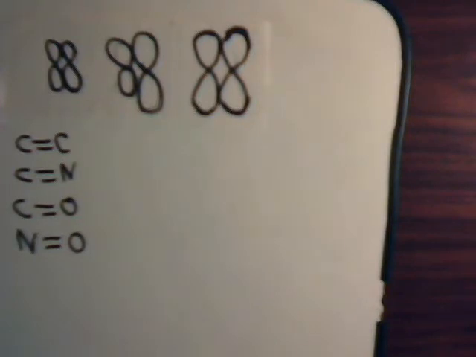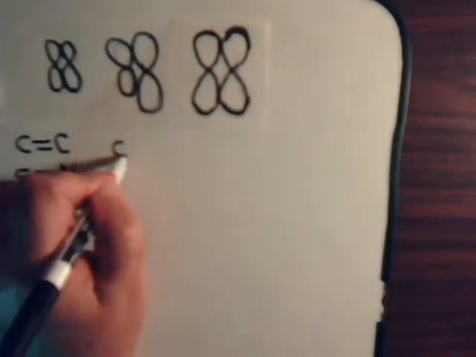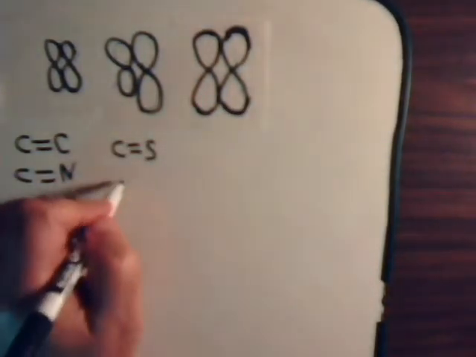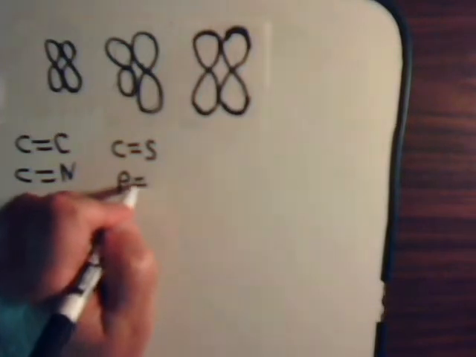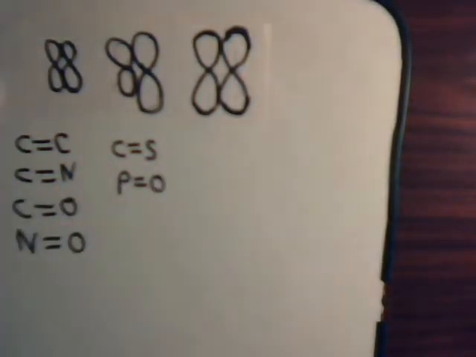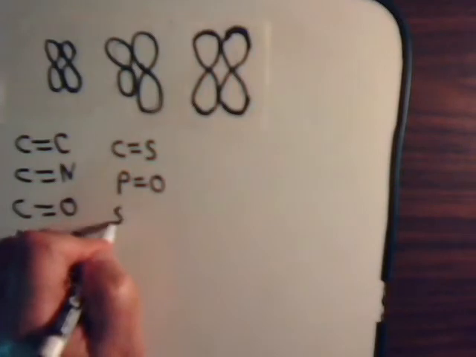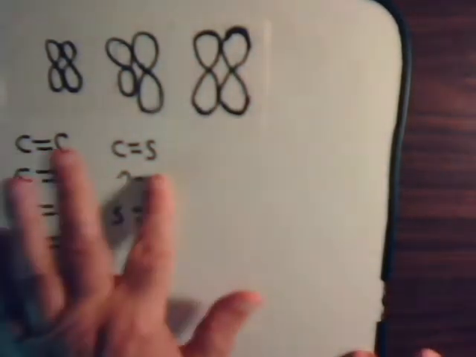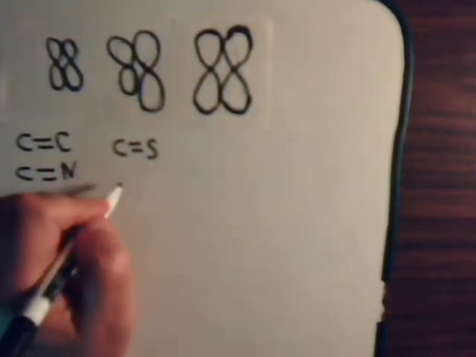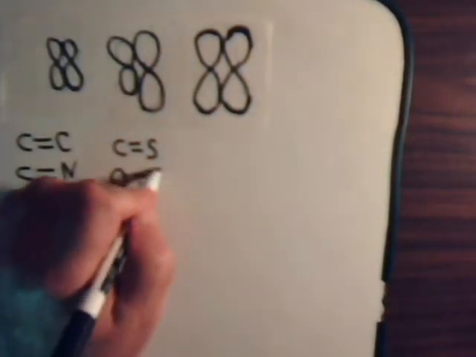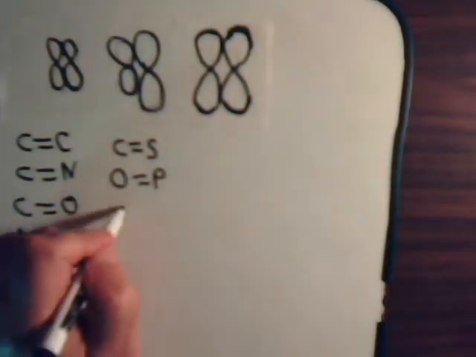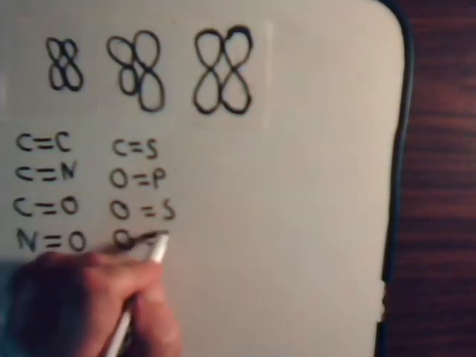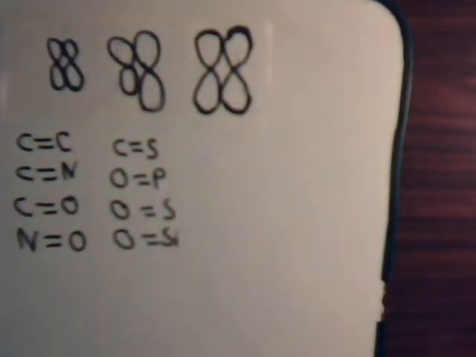Now, what happens if we have, for example, oxygen with phosphorus, oxygen maybe with sulfur, oxygen with silicon?